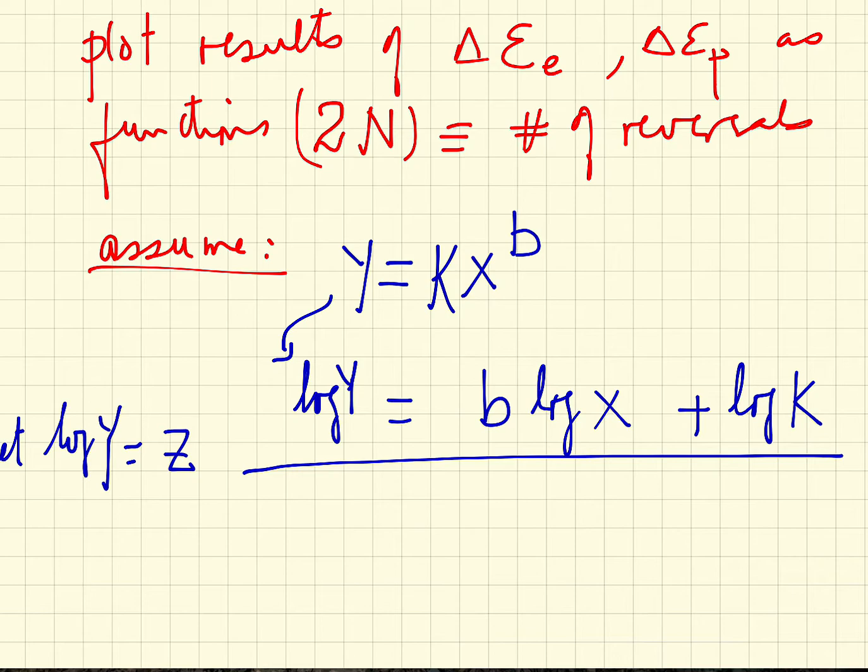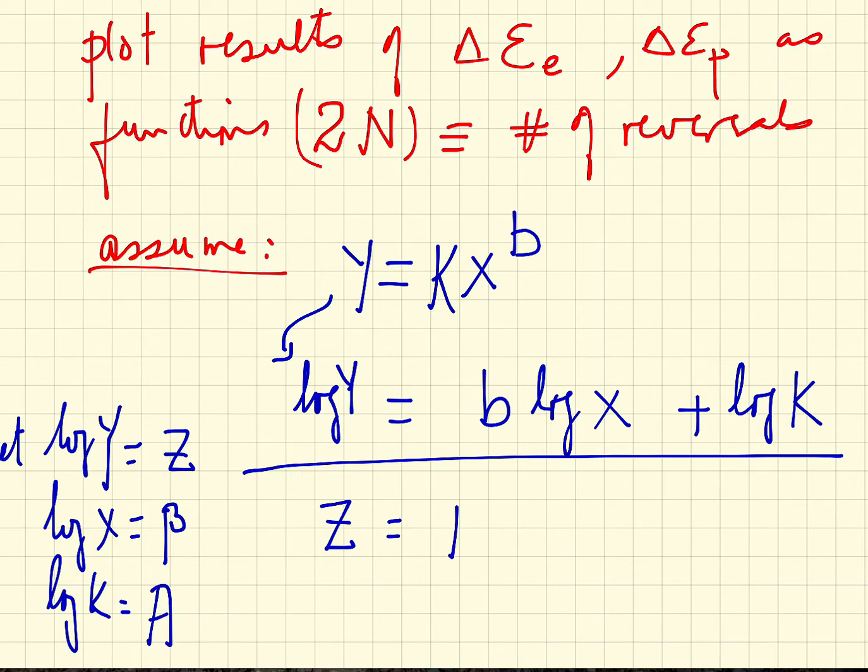Then this equation here, if I represent it on a log-log plot, if I let log of y be equal to z, for example, and log of x be equal to, let's say, beta, as a new parameter, then I can write this as z is equal to, and I'm going to let log of k equal a new constant, a.